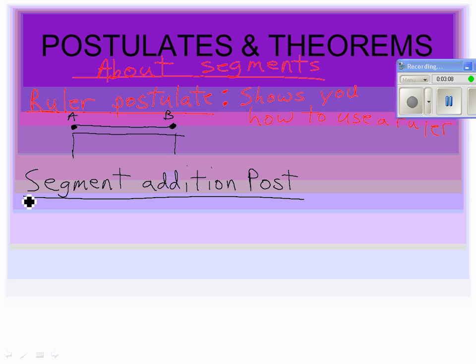Remember with the segment addition postulate, I'm just going to draw this. We did this in chapter 1. I'm just going to use the picture to show it. We'll write it as an if-then statement.